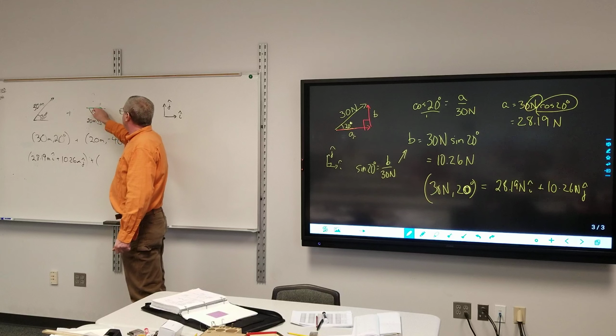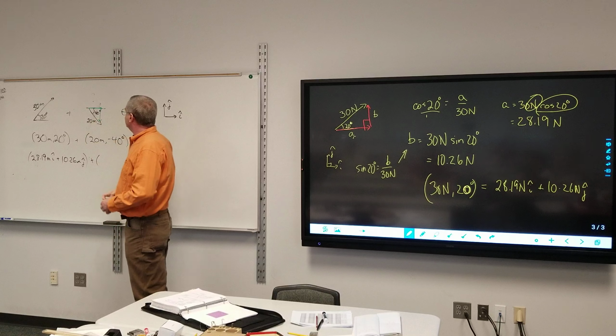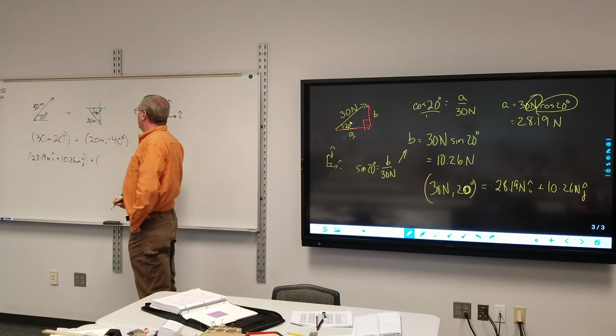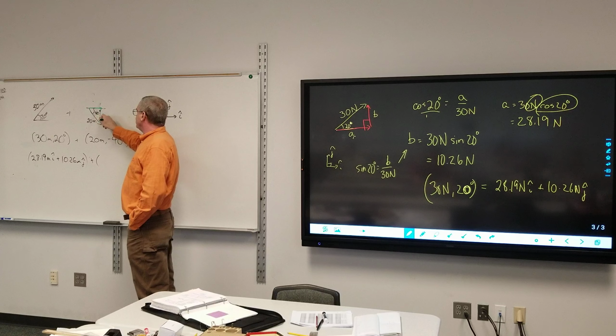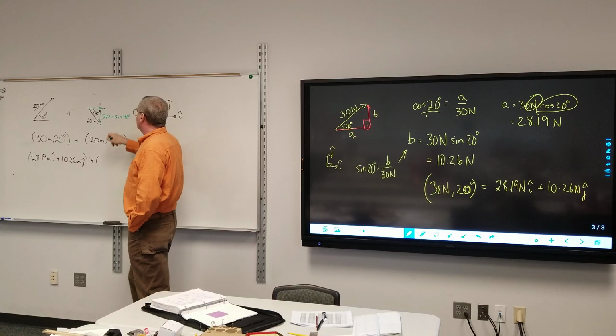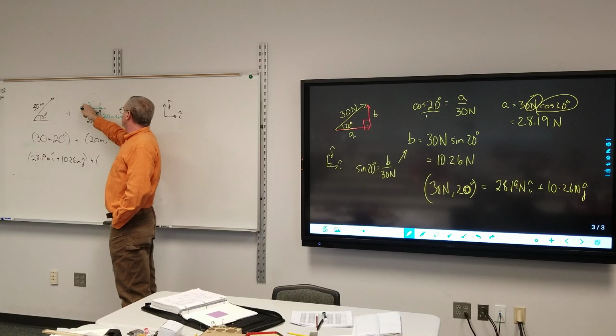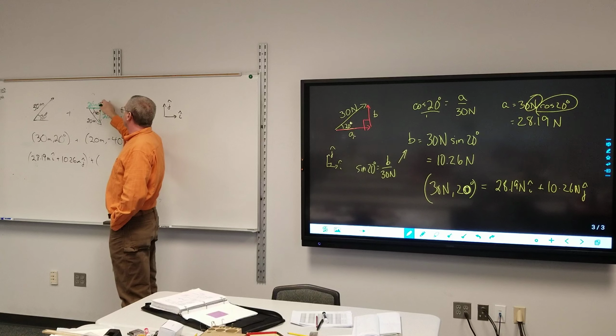So I've got this way and that way. My opposite side here is going to be the hypotenuse times the sine of 40 degrees. And the adjacent side here is the hypotenuse times the cosine of 40 degrees.